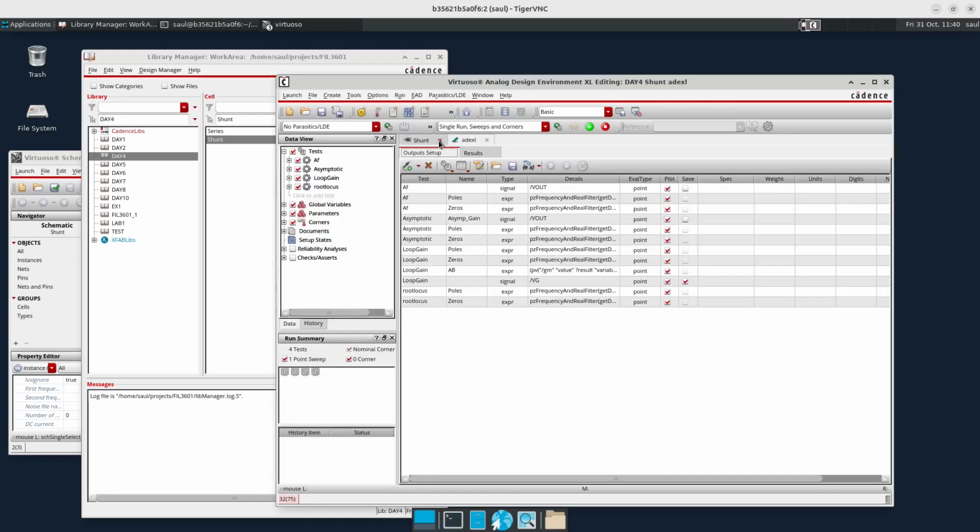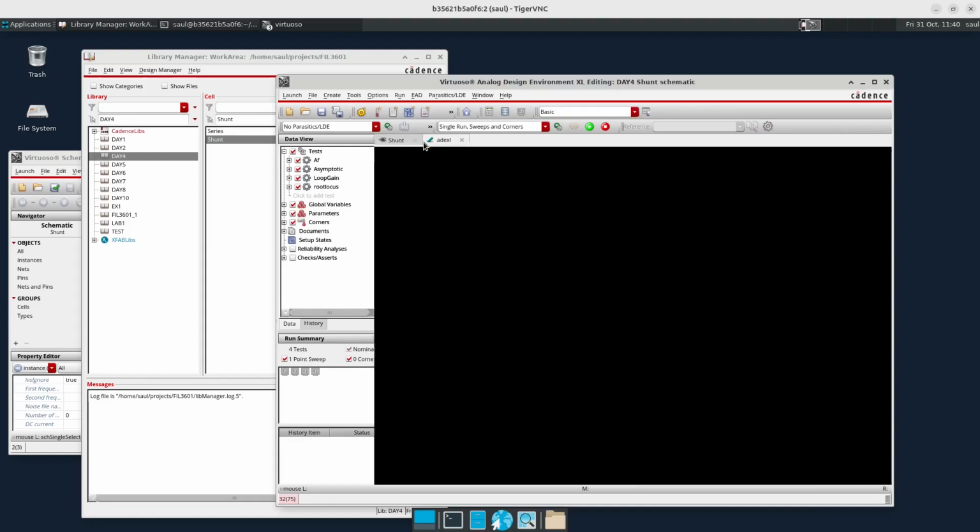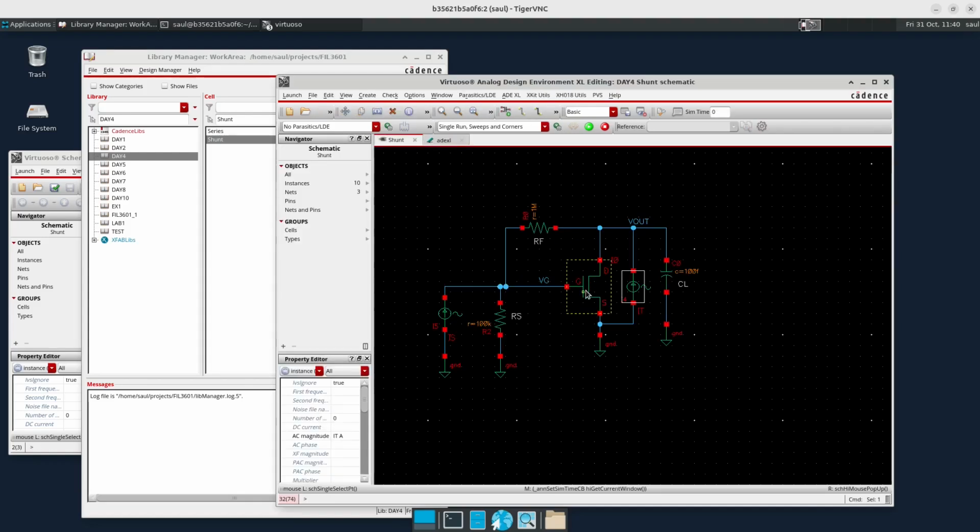For the asymptotic gain, I keep the same template, the same test, but I change the value of GM1 to a large value, 1 kilo Siemens for instance, to emulate the infinite. And then I run the simulation and check the pole-zero and the gains.